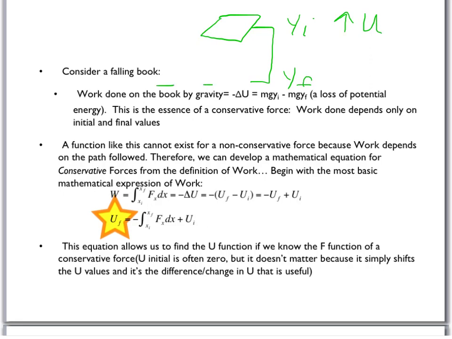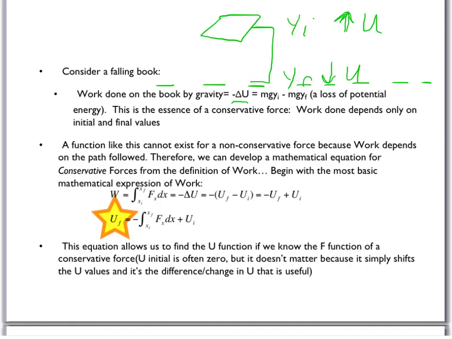If we called potential energy equal to 0, or the reference level, to be down here, maybe at the floor, it would start with a high potential energy up here and it would end with a very low potential energy once it got down to the ground. So basically what we're saying is that the work done on the book by gravity is going to be negative delta U, or mgyi minus mgyf, or loss of potential energy.